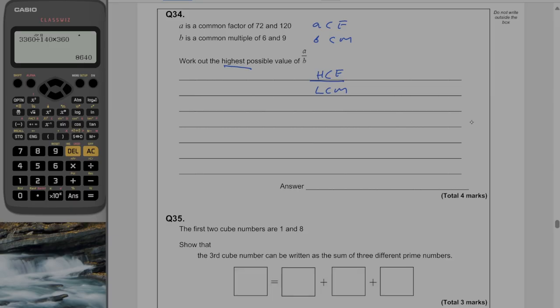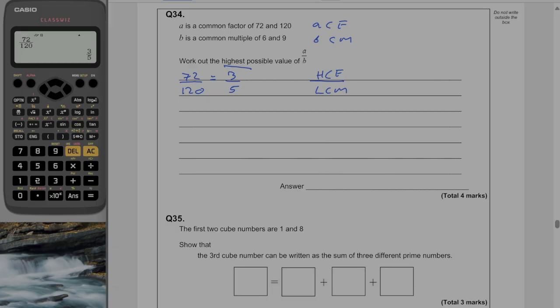So the highest common factor is going to be, by inspection, 12, I think. Easiest way to check that, though, is 72 over 120 as a fraction. Calculator does have a highest common factor, but I'm not a massive fan of it. 3 over 5, and what it's actually cancelled down by is the highest common factor.